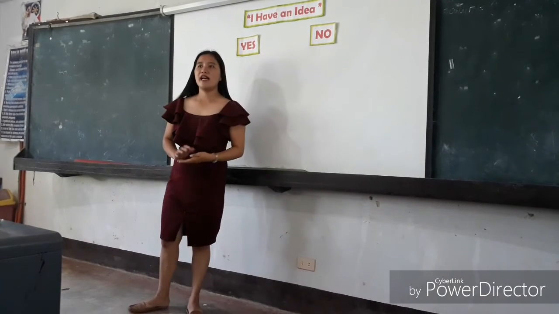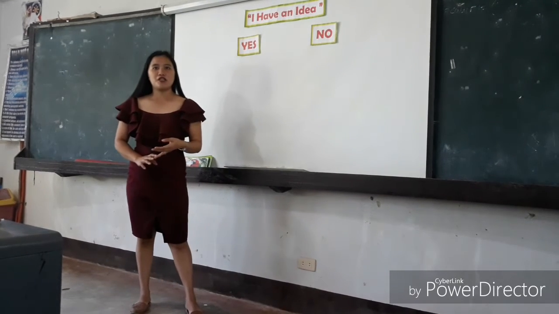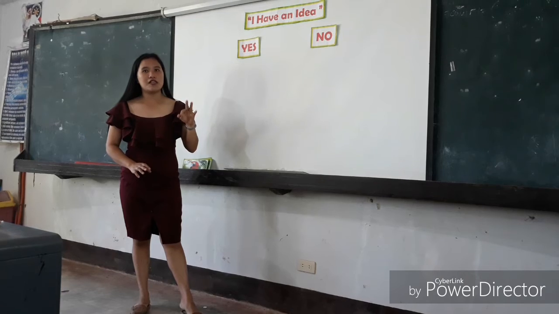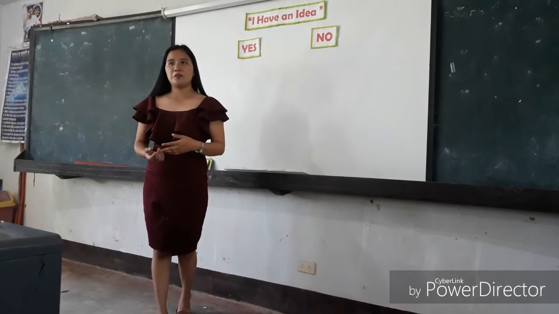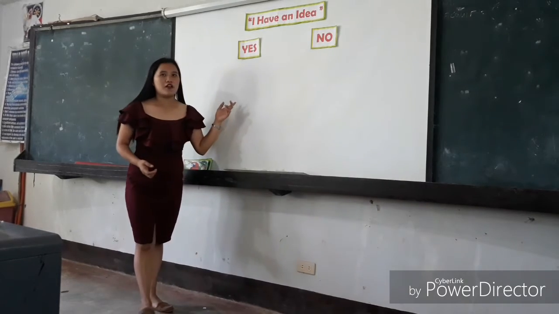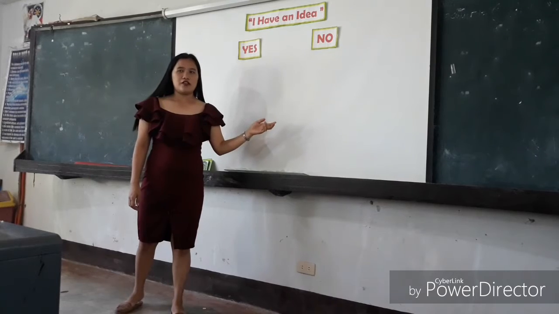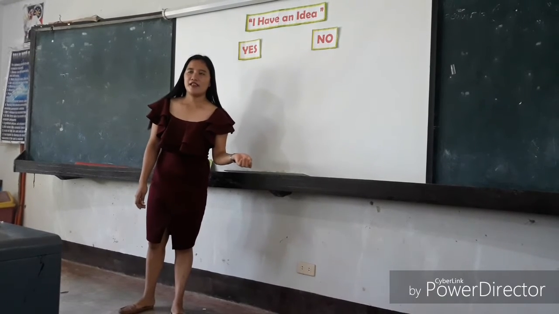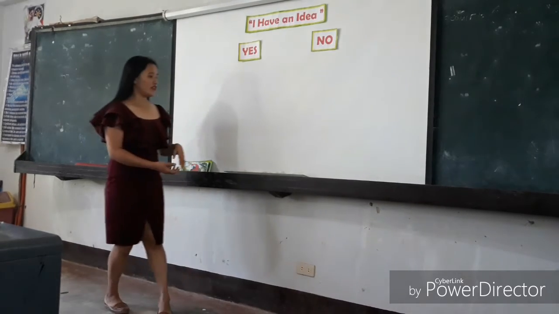We will have the same grouping. I will start by showing 3 sets of examples, and the rest of the pictures will be given to you, and you will place them in their corresponding column, whether it is a yes or a no idea. Did you understand? Very good. Are you ready? Let's start.